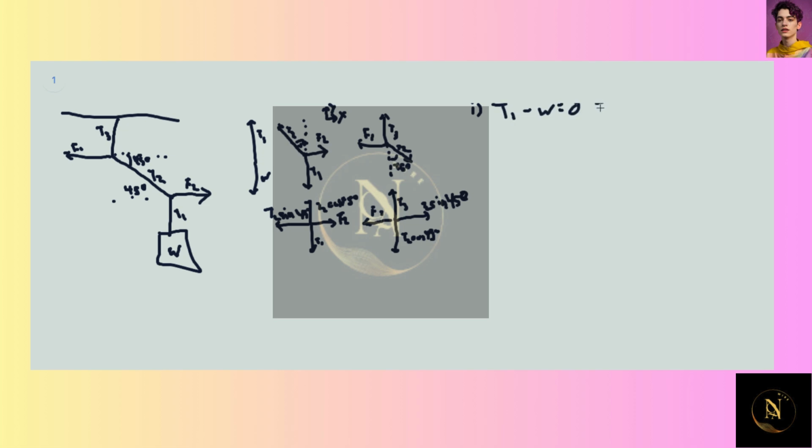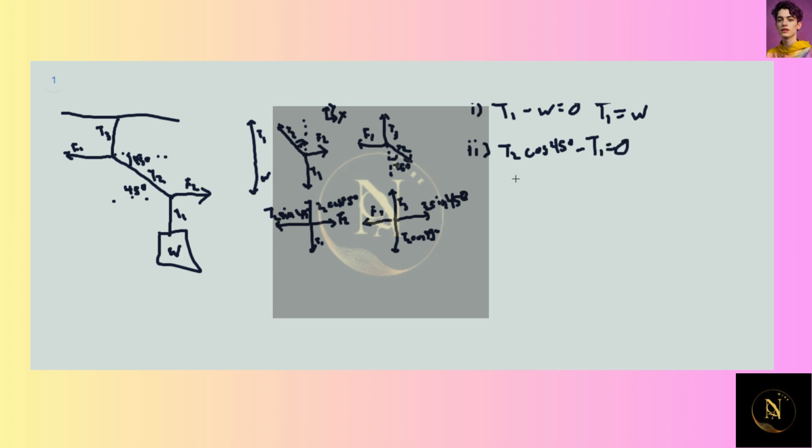And so that means T1 is equal to W. In the second free body diagram, we get from the vertical components that T2 cosine of 45 degrees minus T1 is equal to 0.